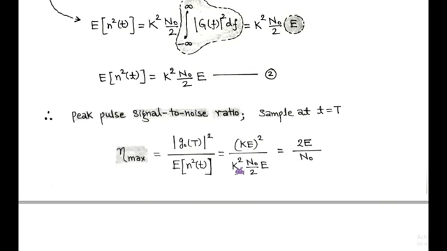So after rearrangement or cancellation, we get eta max equals 2E upon N0, which is the ratio of signal energy, denoted by capital E, to the noise power spectral density N0.